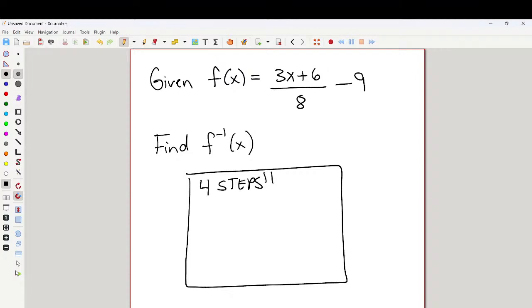Four steps. Step 1, replace f of x with y.